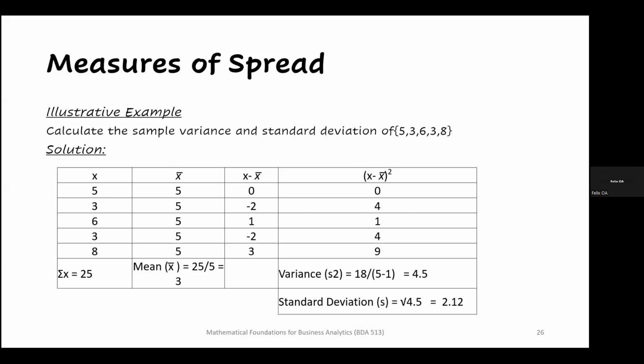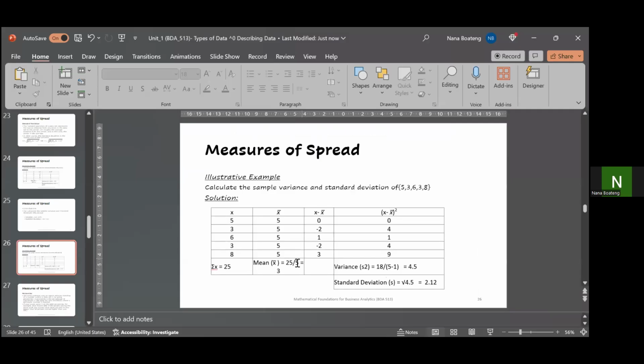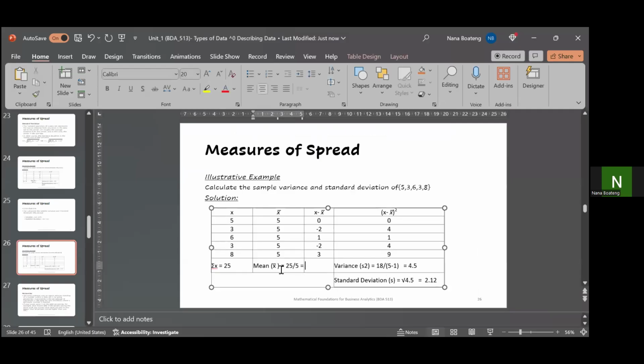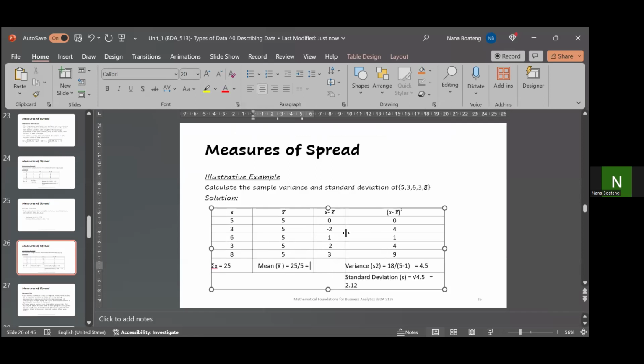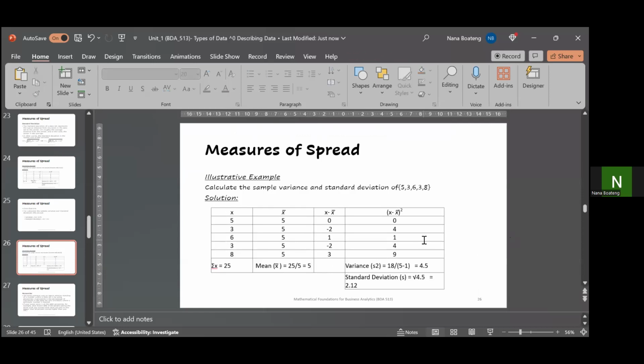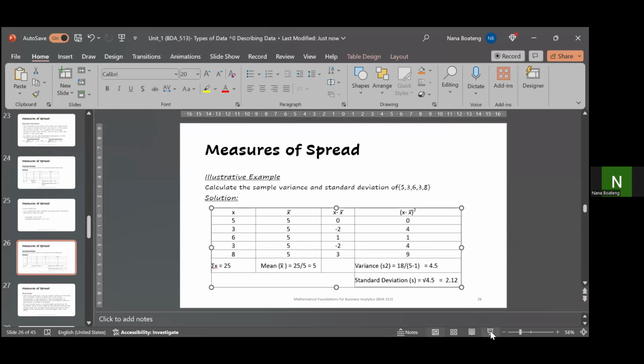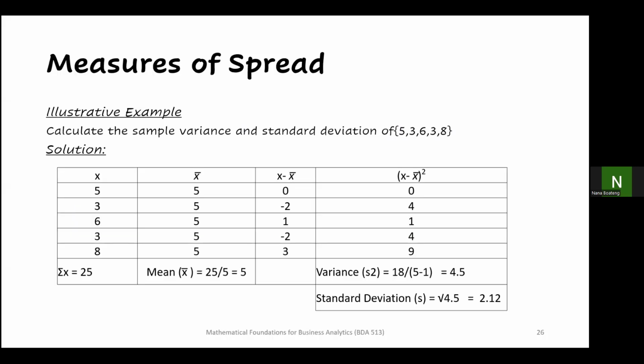Nana, the mean, 25 divided by 5, is 5. Yeah. Are we okay?